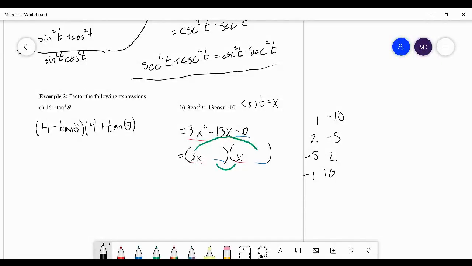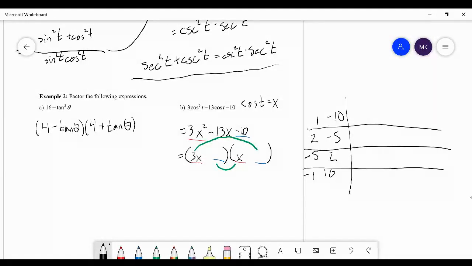Okay? So from these pairs, I'm going to get two different sets, and I'm going to do it like so. Basically I'll multiply the left side by 3 in this column, and I'll multiply the right side by 3 in this column. So this will be left, right. If I multiply the left by 3, I would put our 1 right here and our negative 10 over here.